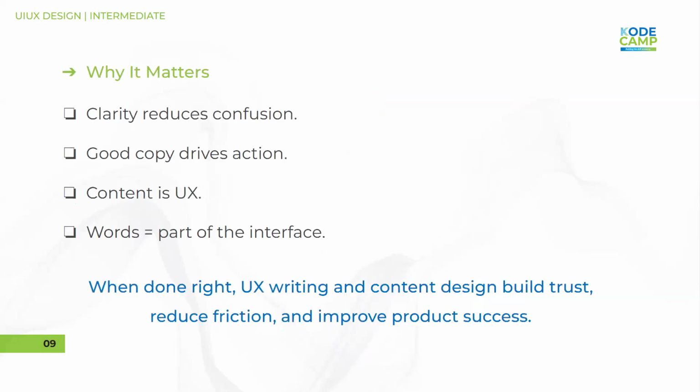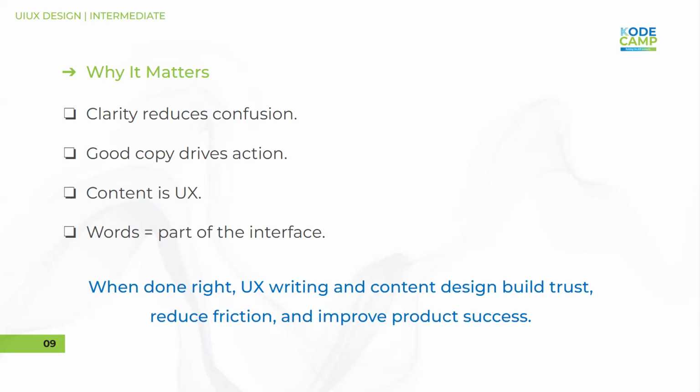We say because if you have good content, good UX writing, it will reduce confusion. All right. So good copy will also drive action, and content is actually user experience. If your content is not catchy, if your content is not straightforward, users are going to be confused.